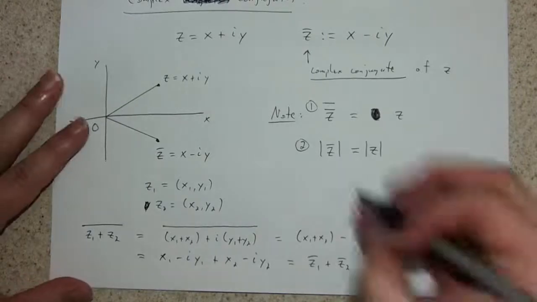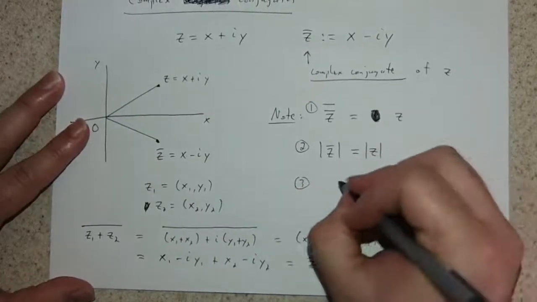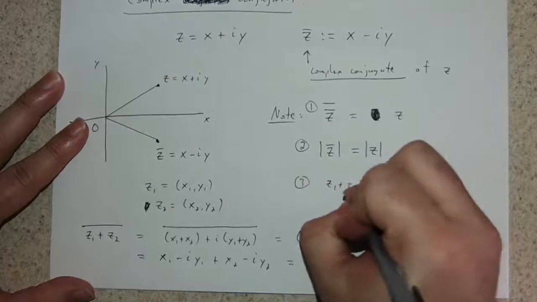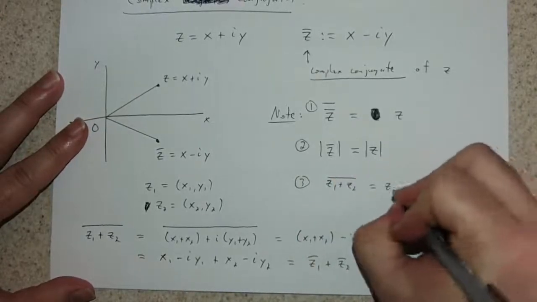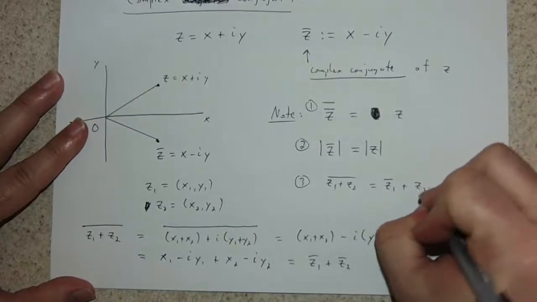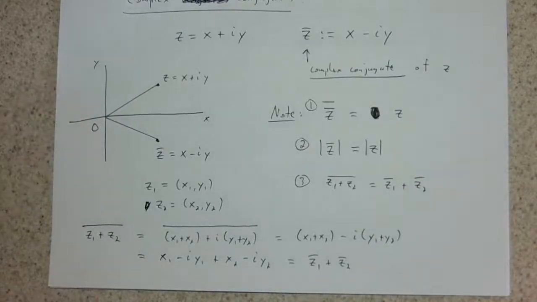Maybe that's a third fact to add here. If I have a sum of two complex numbers and I conjugate that sum, well, this is just the sum of the conjugates. This is our favorite type of statement to make in all of math. Our favorite type of statement to make in math is the blah of the bleh is the bleh of the blah.